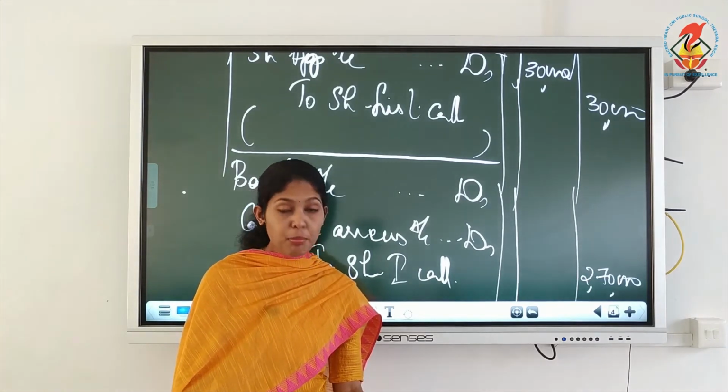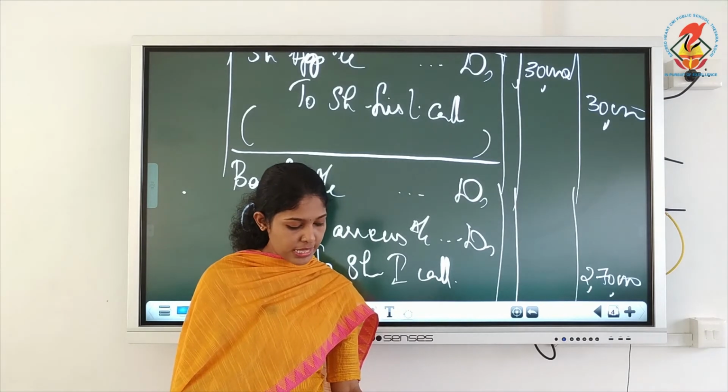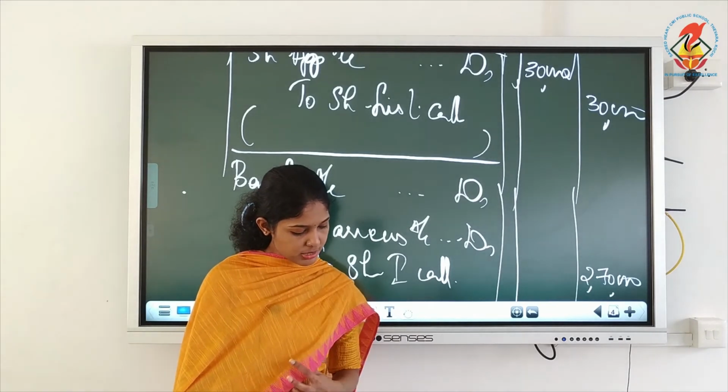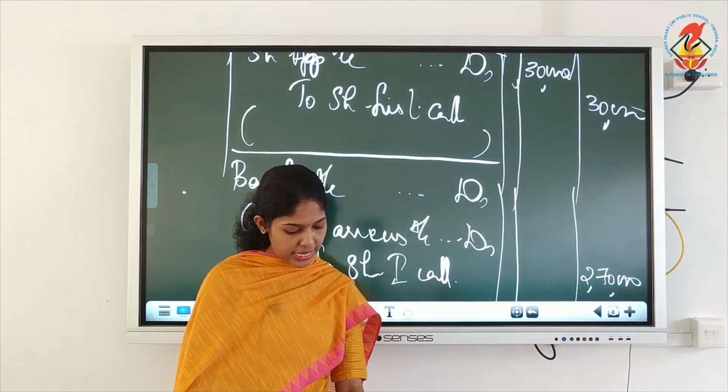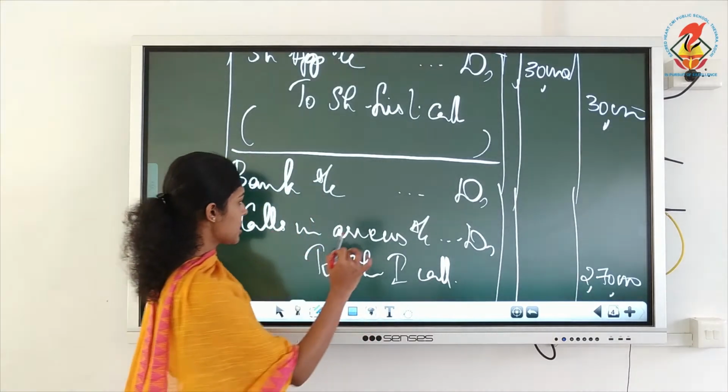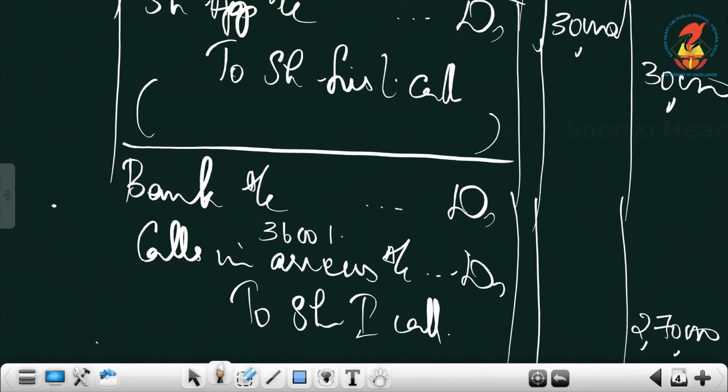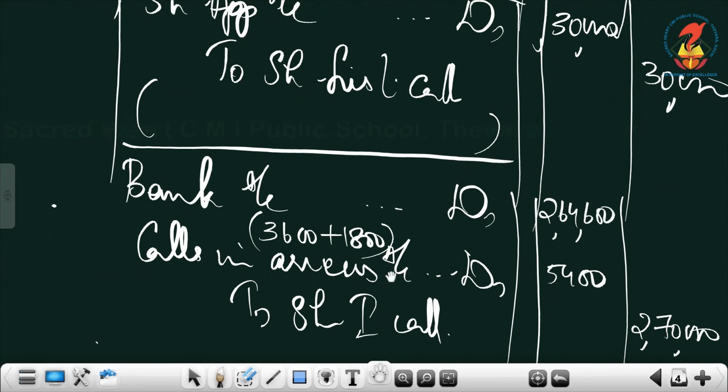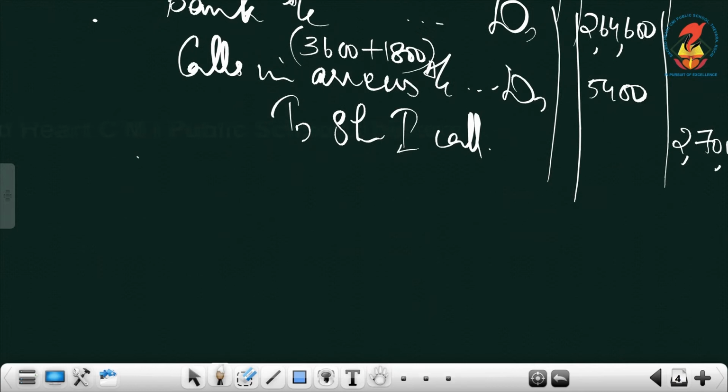It is 3600, did you see the amount there? Yes. Then you have to take Sudha's also. Sudha's amount is 1800. So 3600 plus 1800, that is your calls in arrears. So always look into the working note so that it will be easier for you to write the amounts and entries. And the balance you can write 2,64,600. Yes, so that is the first call entry.